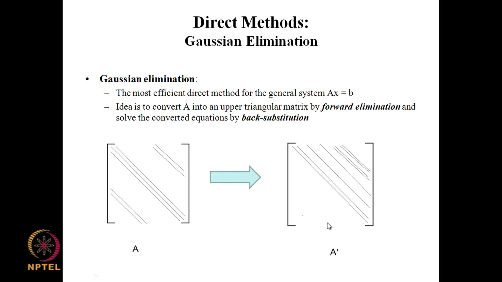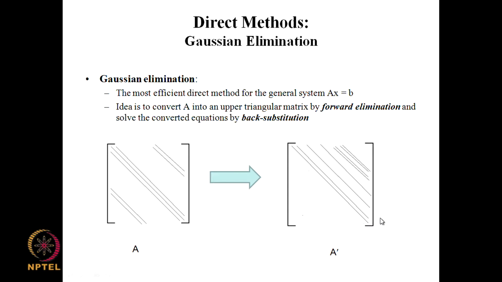So once you convert this coefficient matrix A, containing non-zeros both above and below the diagonal, into an upper triangular matrix in which all the elements below the diagonal are 0, it is possible to solve this system of equations, which is nothing but a modified way of writing the original equation. You start with the last equation, get xn, substitute the value in the one above, and that becomes an equation for xn minus 1.